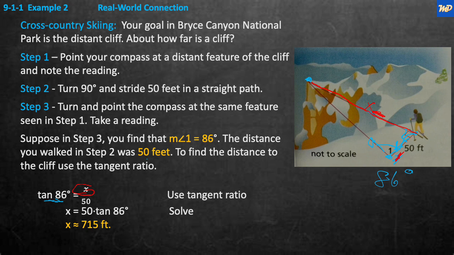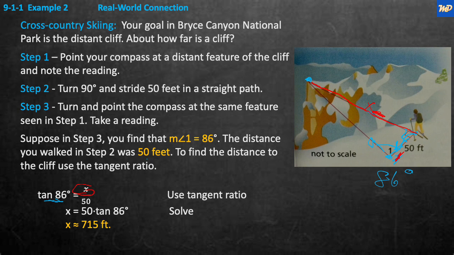So x is equal to 50 times the tan of 86. You take the 50 here and move it up here and multiply, right? And when you do that, it's approximately equal. Remember, it's always approximately equal when you're using your calculator, because unless the number came out exactly 3 or 10 or 120 or 50, you could say it's exact.